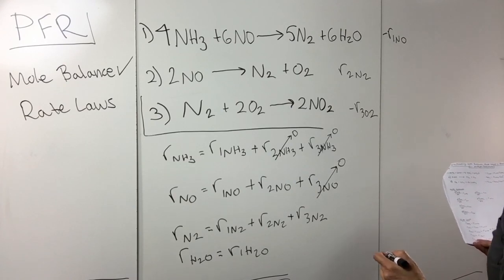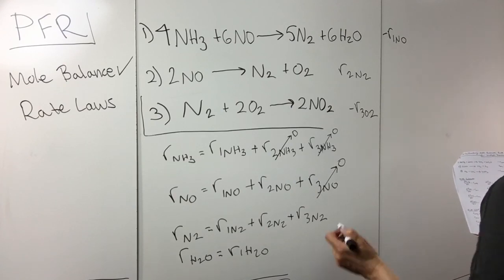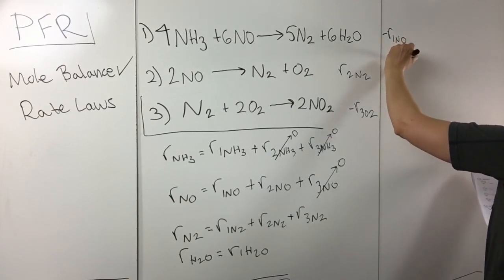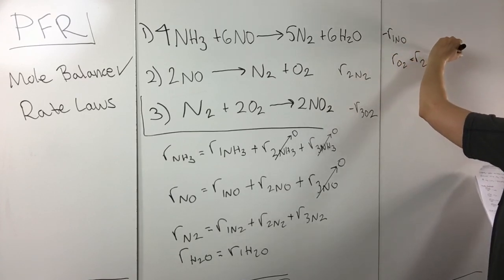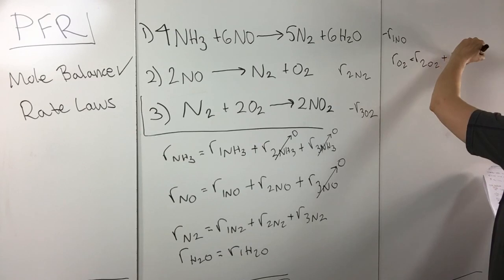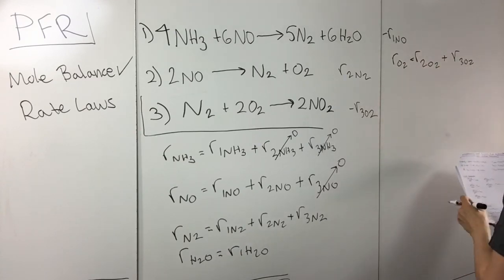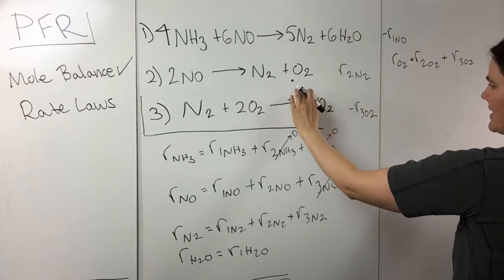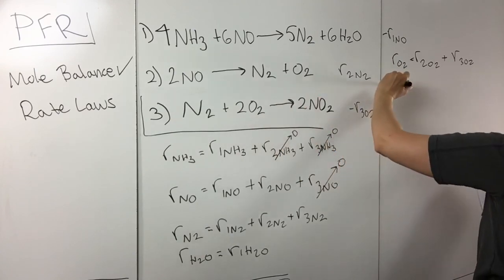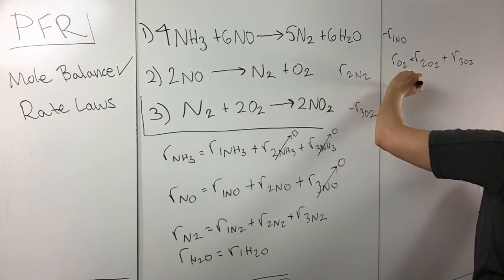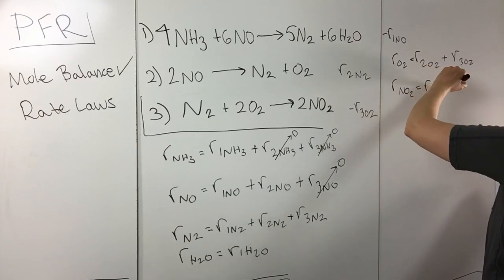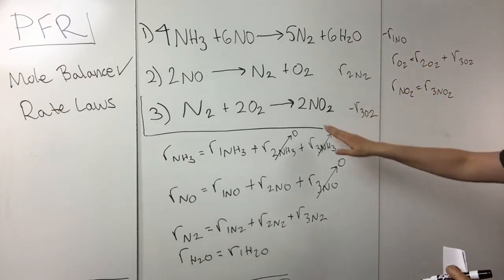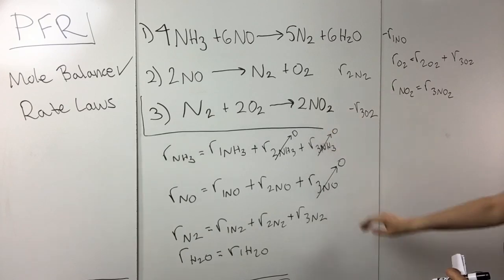So RO2 is equal to R2 O2 plus R3 O2, because oxygen is only in the second and third one, and then RNO2 is equal to R3 NO2, because we only have NO2 in the third reaction.